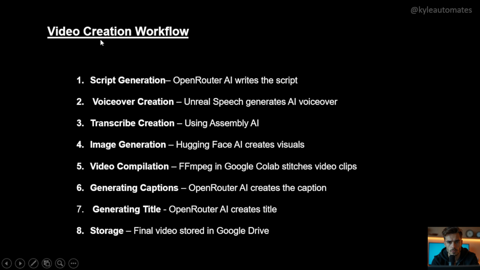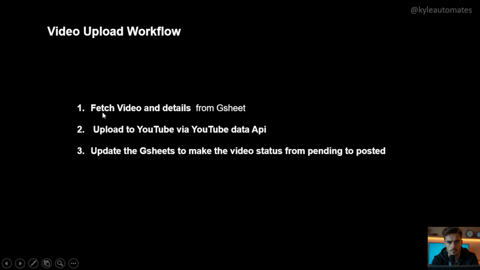In the video creation workflow, the steps are script generation using OpenRouter, voiceover creation using Unreal Speech, then transcript generation using AssemblyAI, then image generation using Hugging Face models, then video compilation using FFmpeg, then generating captions and title using an OpenRouter AI model, then storing it to Google Drive. In the video upload workflow, we need to grab the video first, then upload it to YouTube, and update the Google Sheet to change the status from pending to posted.